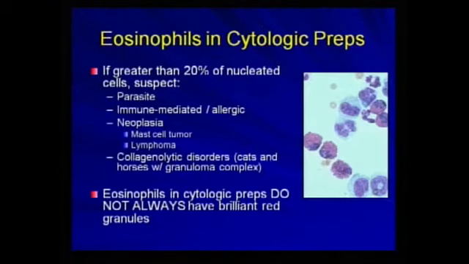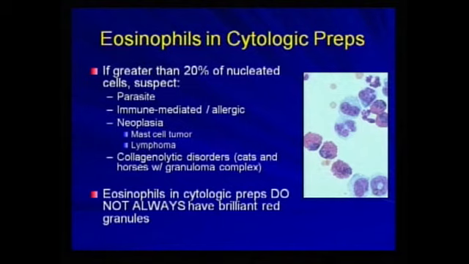Looking at eosinophilic inflammation, you will often see the occasional eosinophil floating around in many aspirates, especially if there is peripheral blood. And a lot of aspirates are bloody. A little bit of blood will get in there, and that is often a source of eosinophils in cytologic preparations.